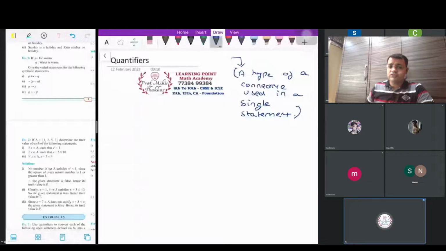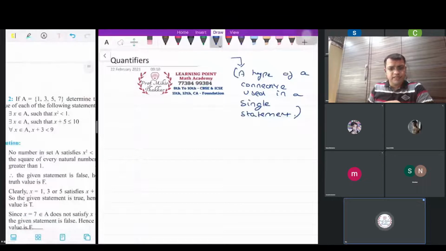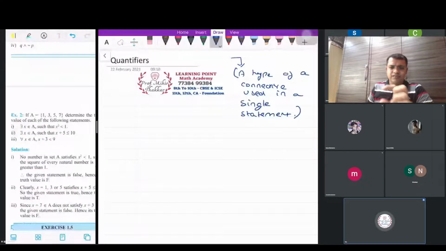Generally, the logical connectives that we have are applied or used for two statements. But when you are talking about quantifiers, there is only a single statement and a certain symbol which is representing that particular quantifier will be given to us.